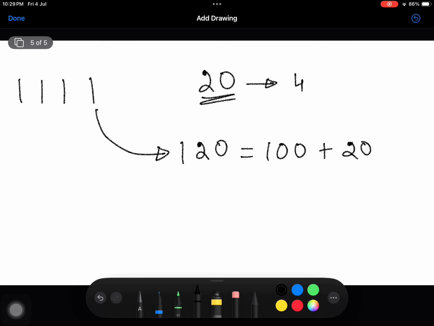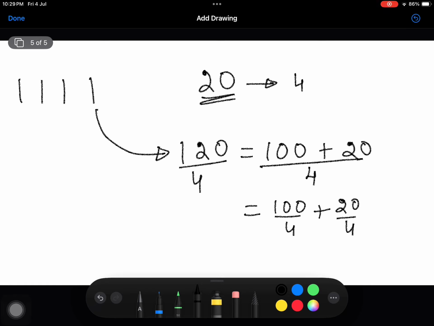The question here is whether 120 is divisible by 4. Now 120 can be split as 100 plus 20. We just saw that 100 is divisible by 4 and 20 is also divisible by 4. Therefore, this entire number 120 will also be divisible by 4.